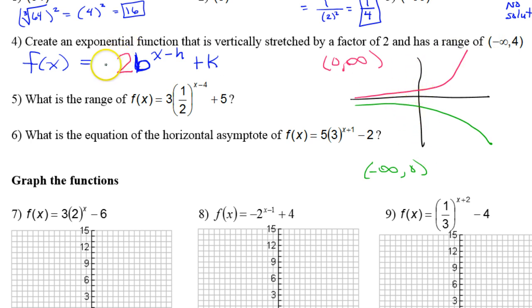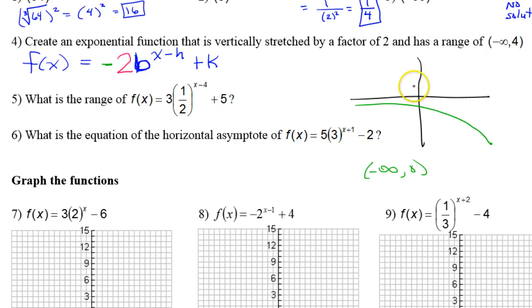So to do that, I need a negative in front. Now it's reflected over the x-axis. But what else? Like I said, right now it's going from negative infinity to 0. But it's supposed to go from negative infinity to 4. So we need to make an additional change.